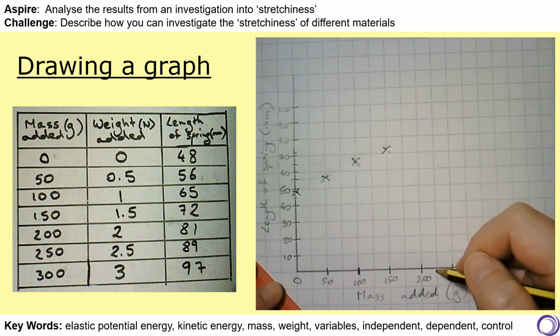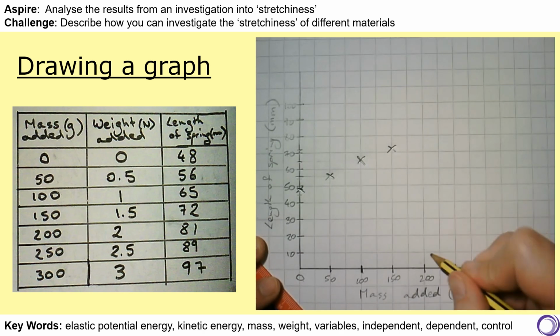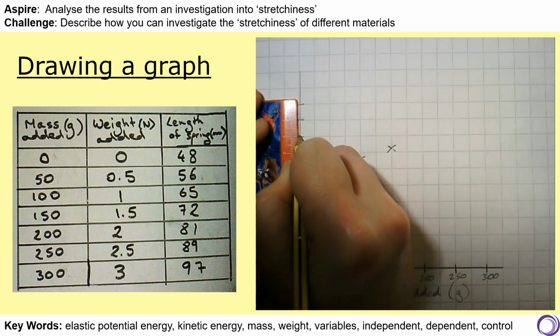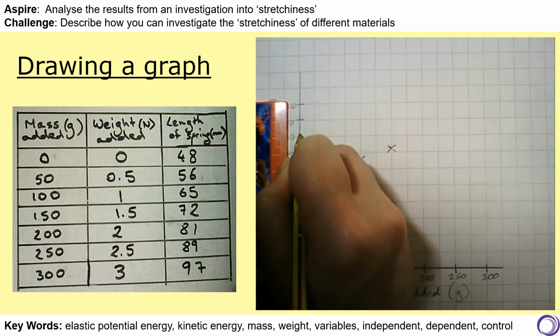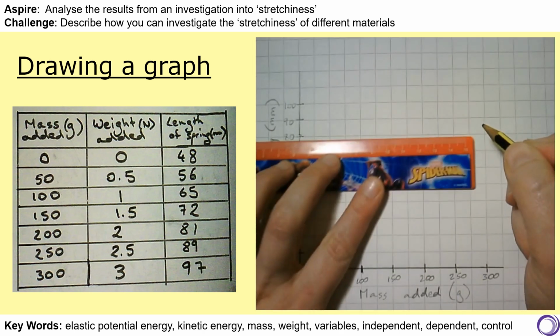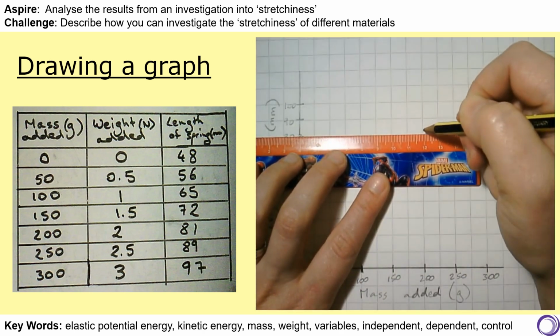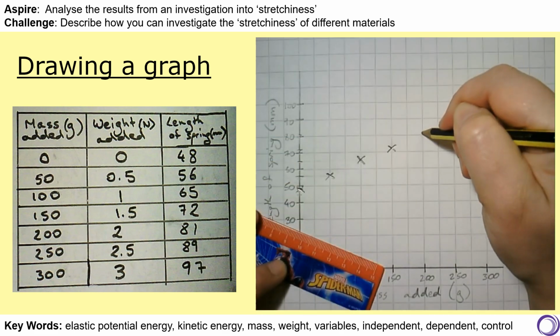Excellent. Now if I added 200 grams, then my length was 81. So if that's 80, then 81 is here. And that's 200 grams added, so it's just there.